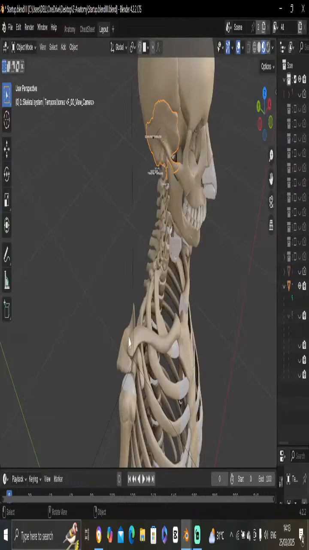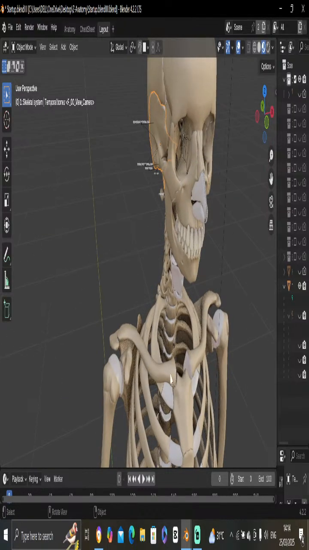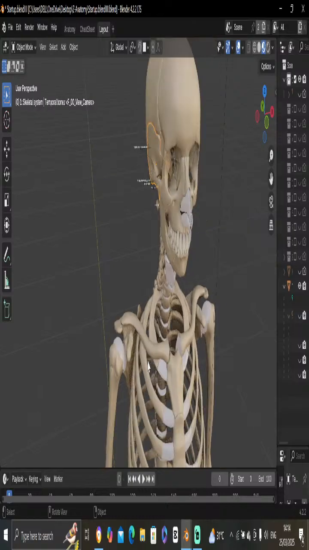Then posteriorly, the lateral 1/3 gives attachment points to the trapezius muscle, which we'll discuss later. Then anteriorly, the lateral 1/3 gives attachment points to the deltoid muscle. But on the medial 2/3, the anterior surface gives attachment point to the pectoralis major muscle. We talked about the pectoralis major muscle the other time.